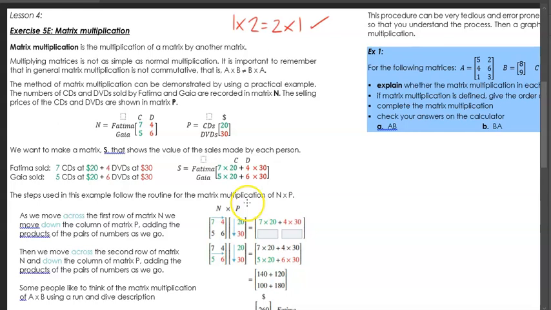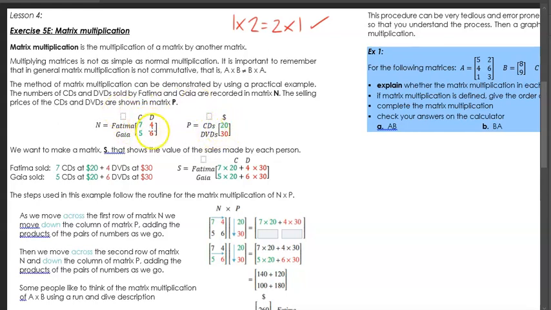So we want to make a matrix, which is called S, that shows the value of the sales made by each person. In other words, if Fatima has sold 7 CDs and 4 DVDs, and the cost of each of the CDs and DVDs is $20 and $30 respectively, all we need to do to find out that price is, if she sold 7 CDs, just multiply 7 by 20 to get its respective price.